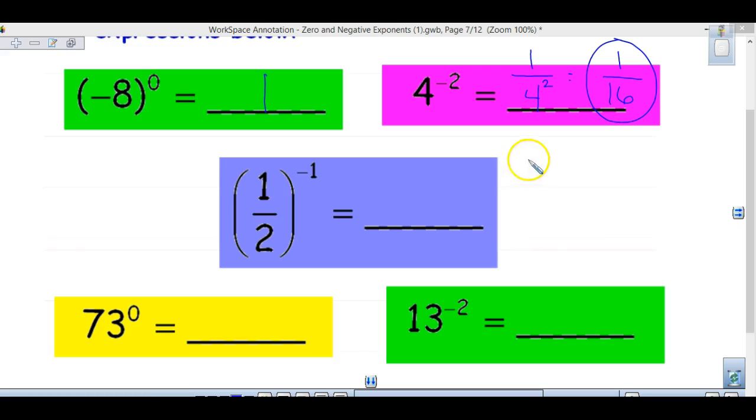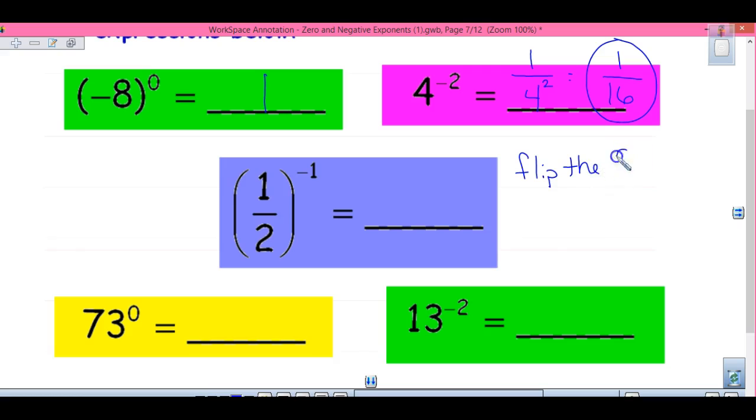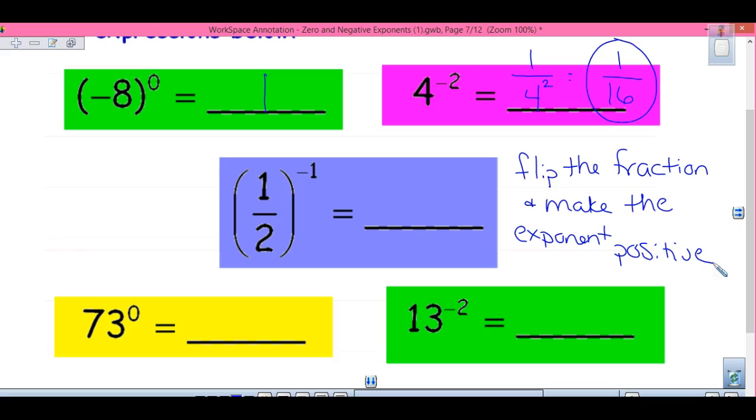If it's a fraction, I'm going to flip the fraction and make the exponent positive. Okay, flip the fraction and make your exponent positive.